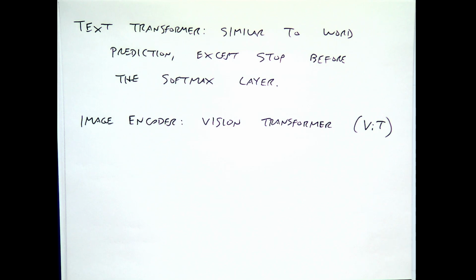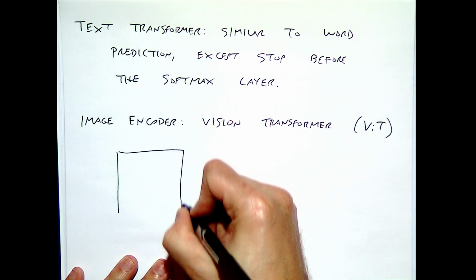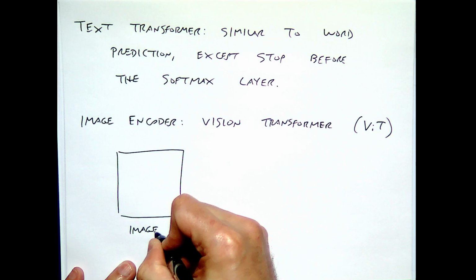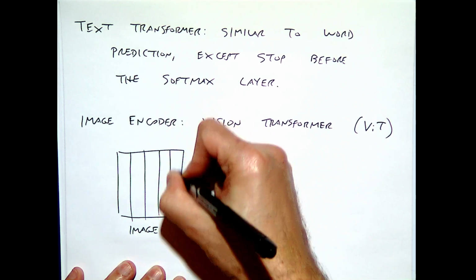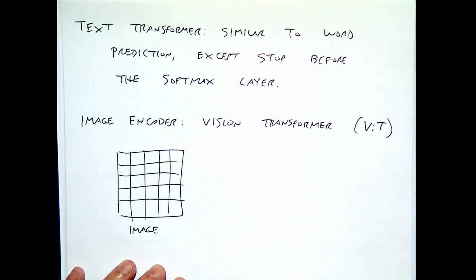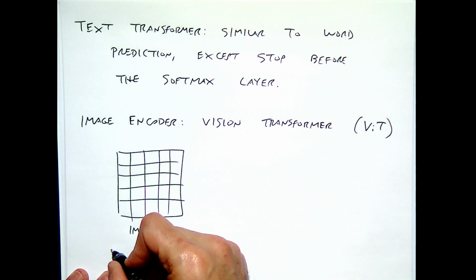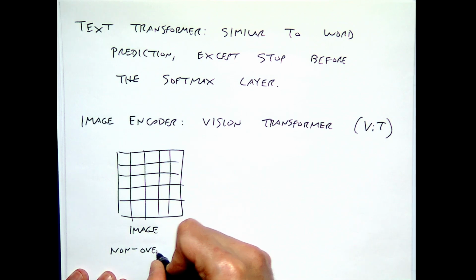And the basic idea is to treat the image as a sequence of non-overlapping patches. And you can imagine that you bring over this whole idea of positional encoding and so on, treating the image. So the idea would be I take my image, I split it up into a bunch of non-overlapping patches.